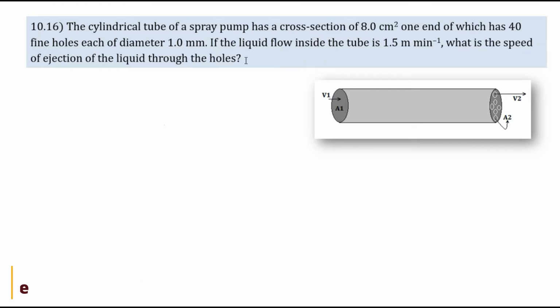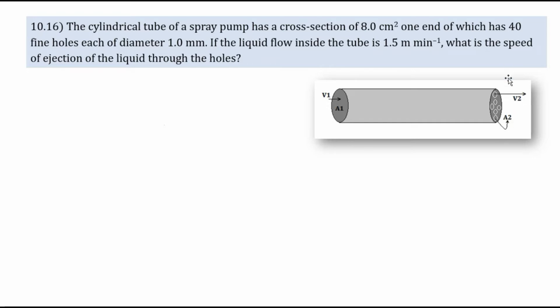See, in this question, we have one cylindrical tube having an opening end with cross-sectional area A1 and a closing end with cross-sectional area A1. But there are some holes, and the holes have area A2.